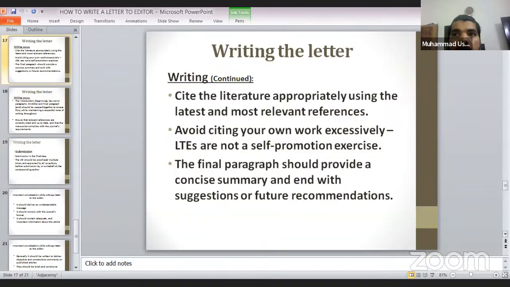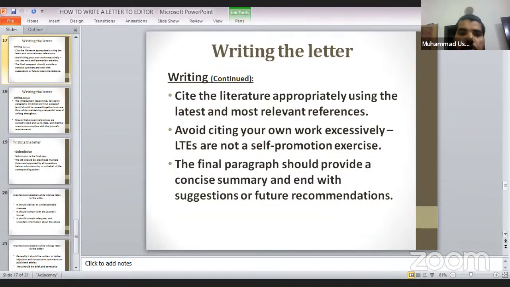Most of the journals require that you quote recent medical literature, published in the last 5 years, rather than literature which was published in older times.